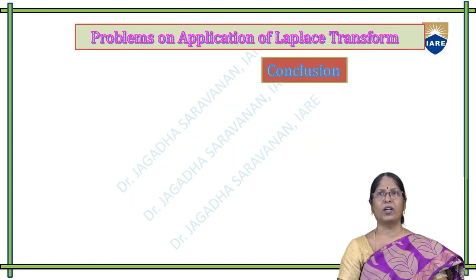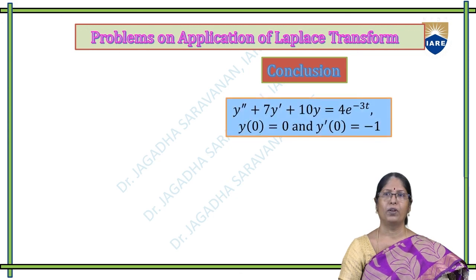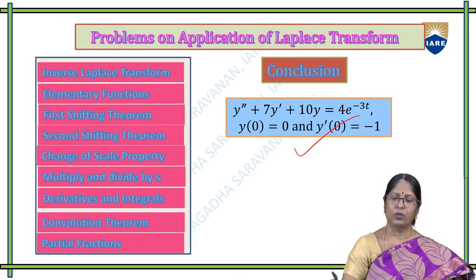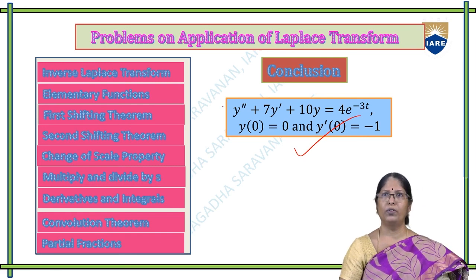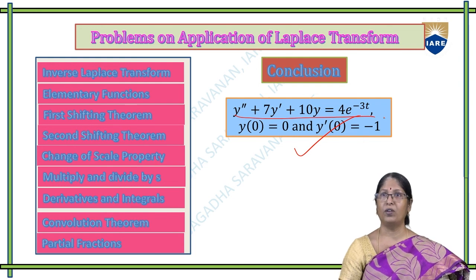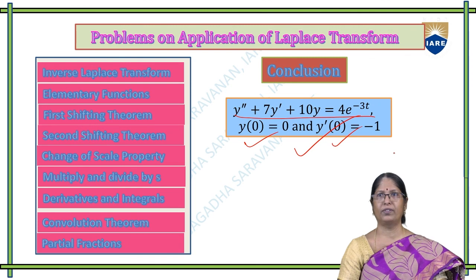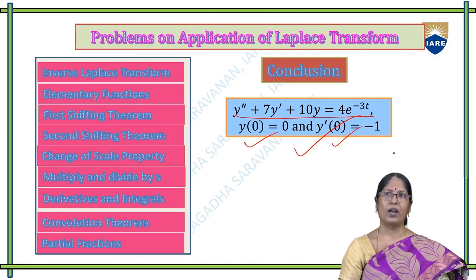So we will come to a conclusion of this topic, problems on application of Laplace transform. For that, this is the question we have taken. So first, the working rule: in the given question, Laplace will be taken on both sides. We will apply the initial conditions, then it will come in the format y equal to, in terms of inverse, it will be written.